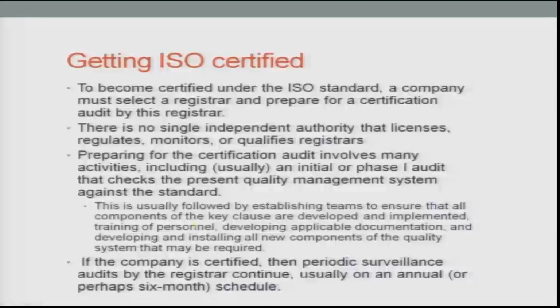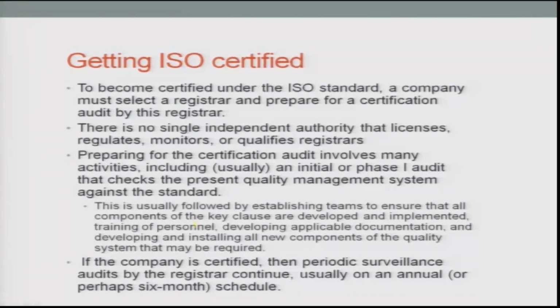There is no single independent authority that gives the licenses, or regulates, monitors or qualifies the registrar. It may be in the area of manufacturing, it can be in services, it can be for doctors, hospitals, nurses, whatever it is.